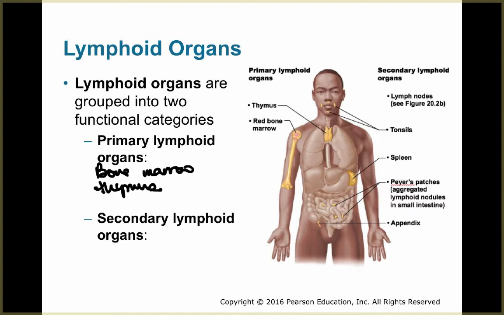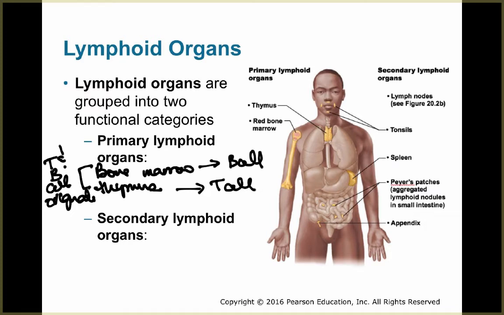They originate in the bone marrow, but only B cells actually mature there. So both T and B cells originate in the bone marrow, but basically, the T cells mature in the thymus and the B cells mature in the bone marrow.